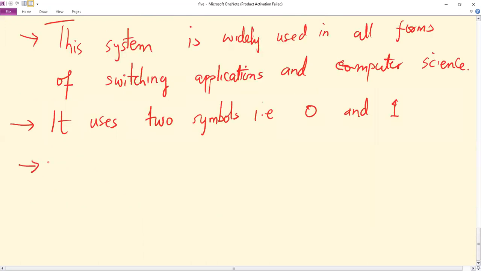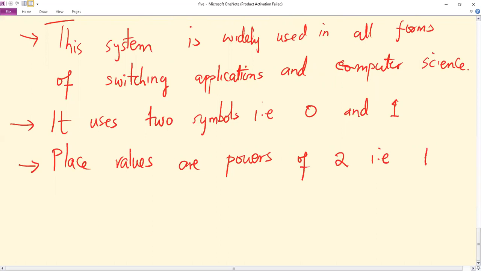And then place values are powers of 2, i.e. the system has a base of 2.